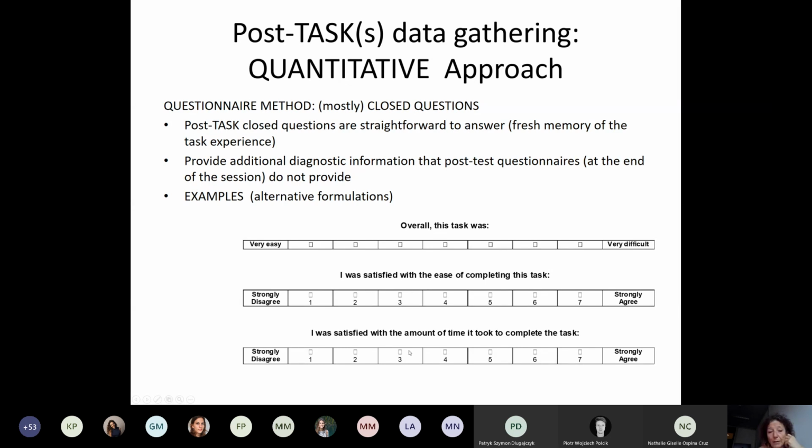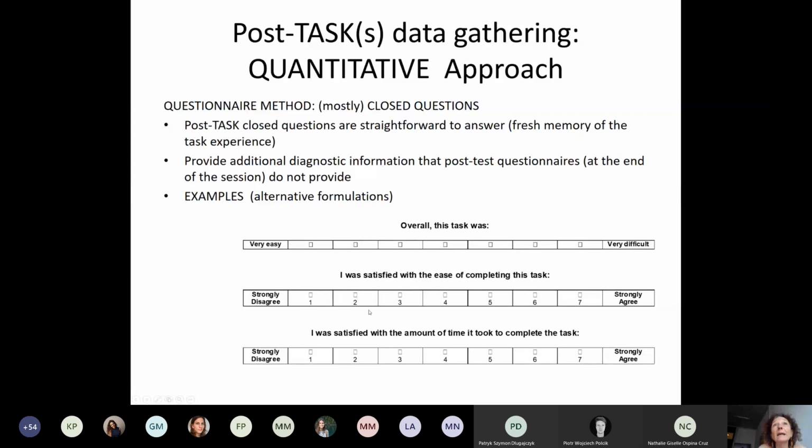And these are examples of different metrics that you can use. For example, overall the task was very easy, very difficult. That is a measure of the difficulty of the task. But you're asking the user to give a specific score on the difficulty of the task. What the user has to do is clear.